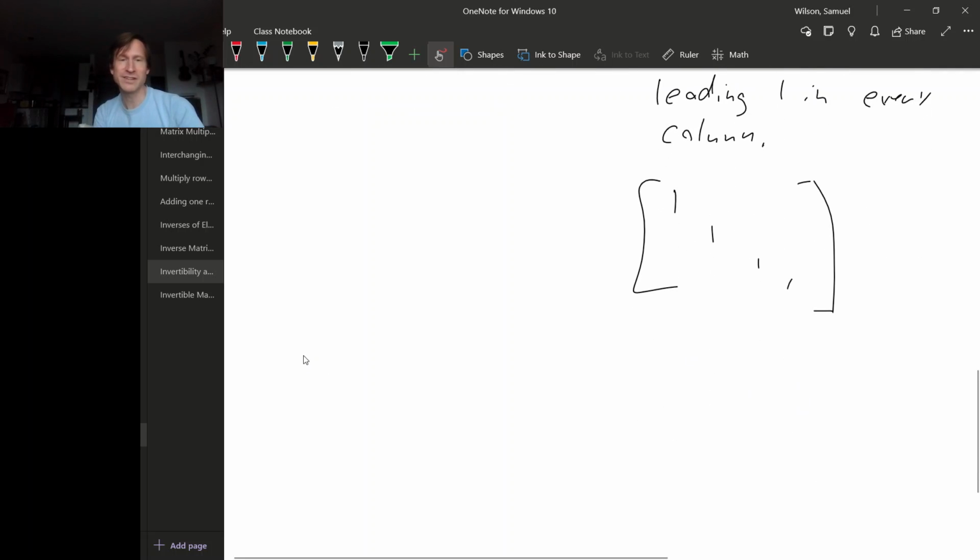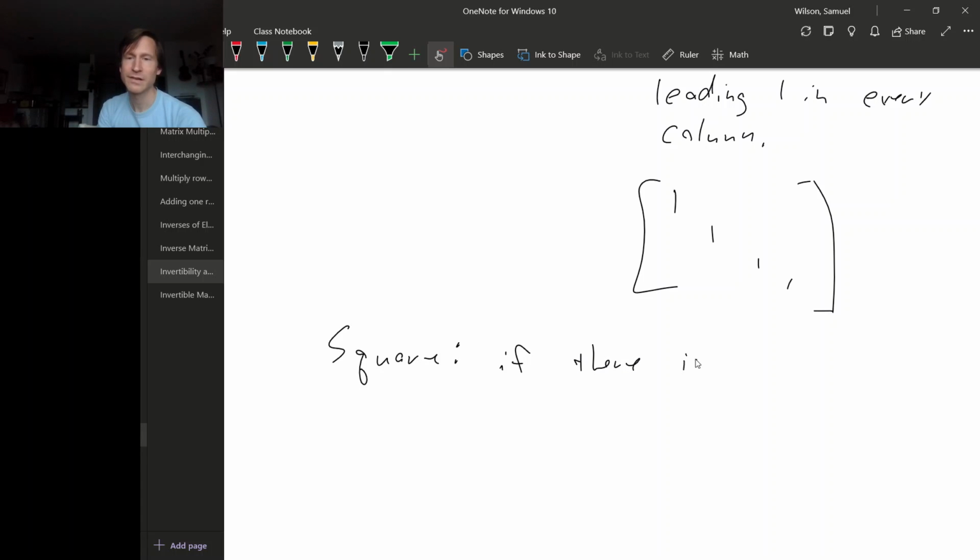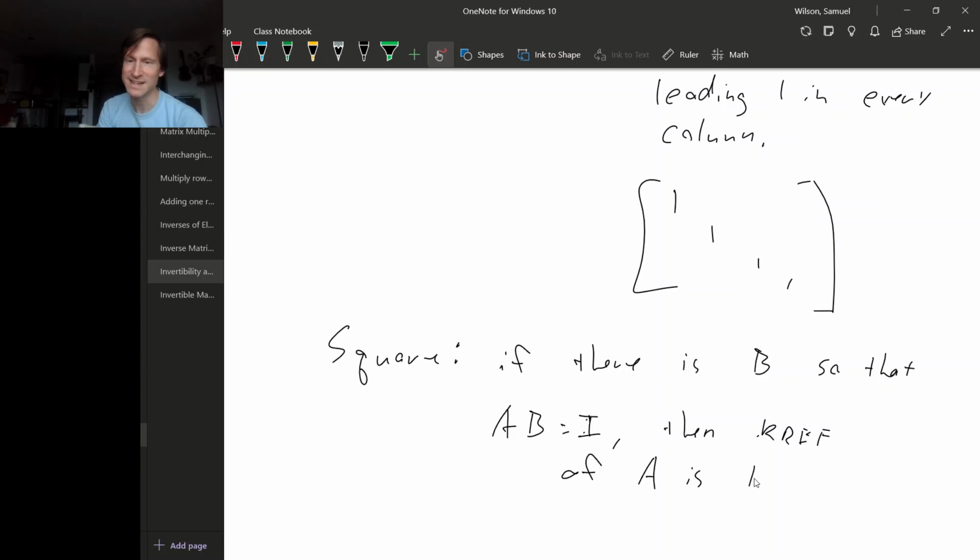So what we've shown here is that for a square matrix, if there is a matrix B so that A times B is the identity, then the reduced row echelon form of A is the identity.